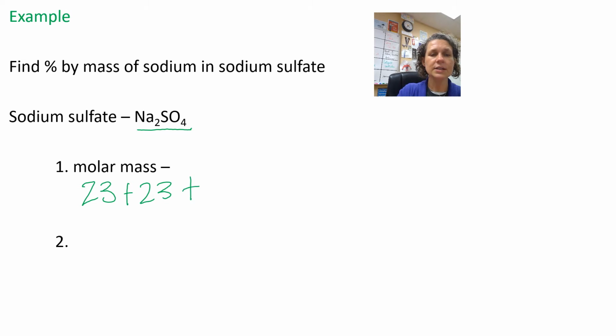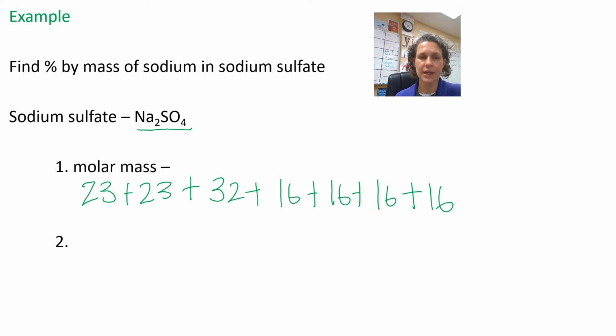S is 32, and then oxygen is 16, and I have 4 of them. So I have that whole long list. And so you would add all of those up, and when you divide out, you're going to do your setup, something over something times 100. The bottom number is what you get when you add everything up for those molar masses.